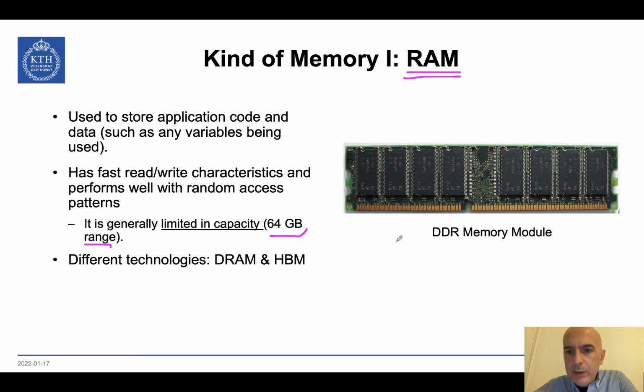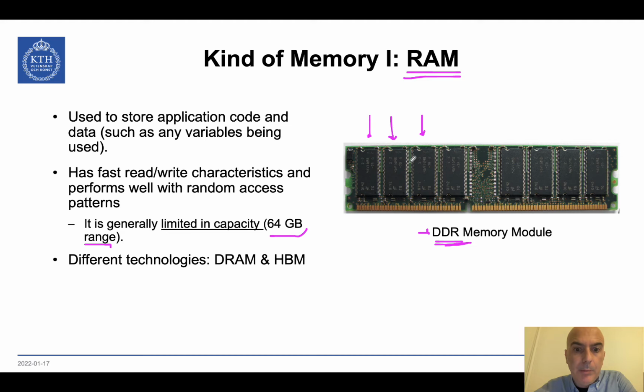One of the most common, and the most used on consumer grade computers, is DDR. So you might have heard of DDR4, DDR5 technologies. If you open up a desktop, you will notice this kind of system.